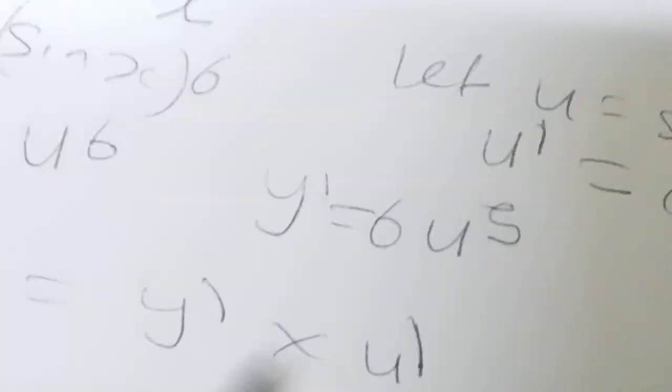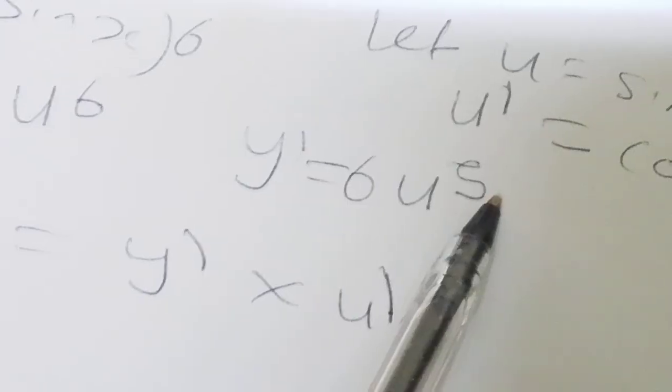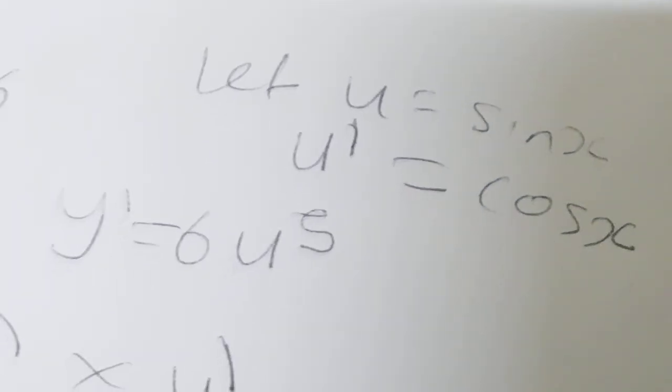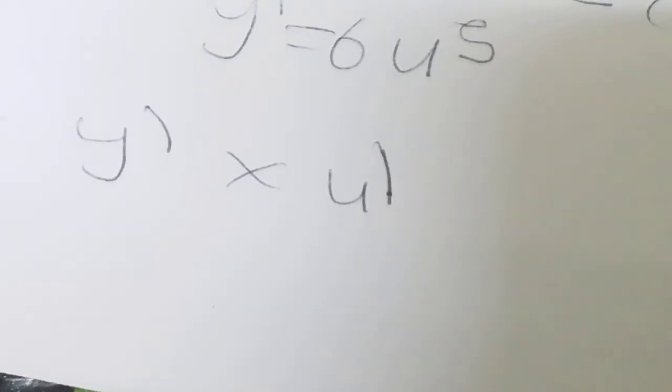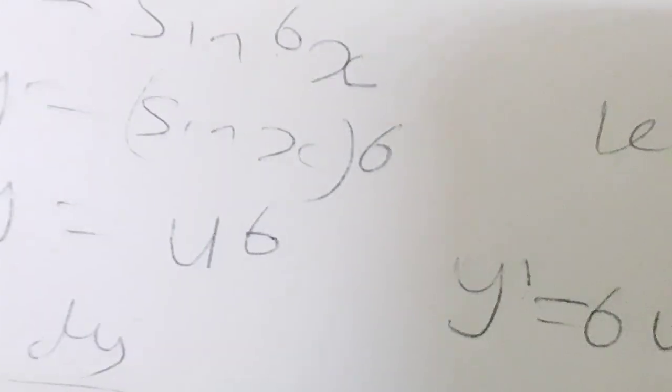So this one, 6u to the power 5 multiplied by cos x. Then when you multiply, where you have u you replace it with sine x. As simple as that. You are done with part D of this tutorial sheet. So now let's start over from the beginning.